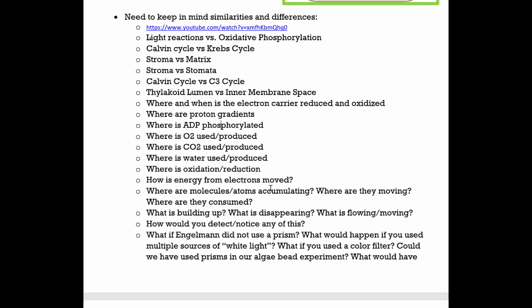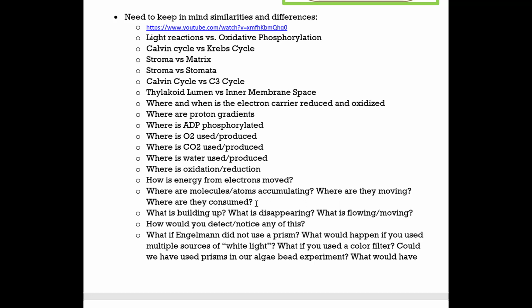We have oxygen accumulating also as water is being split and the electrons are added to the chlorophyll molecules. And we do have ADP and NADP plus accumulating at the Calvin cycle, but they can move to the light reactions where they will be rephosphorylated or pick up more high energy electrons.